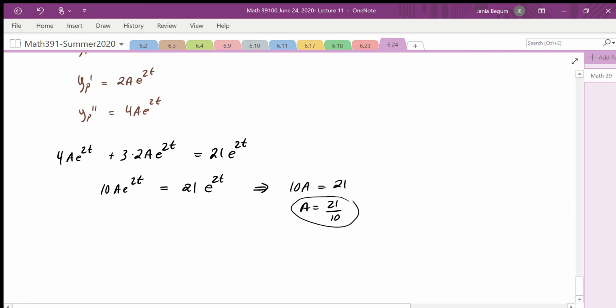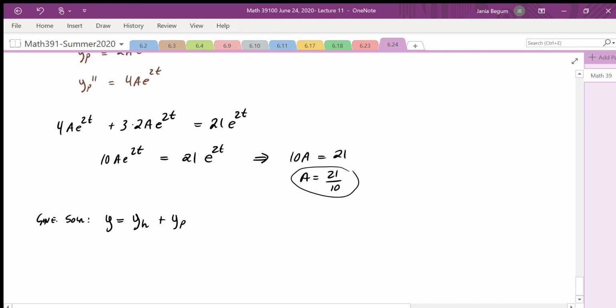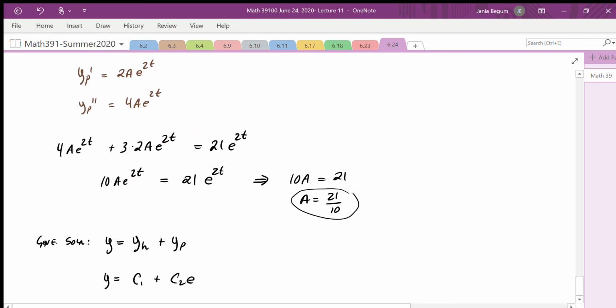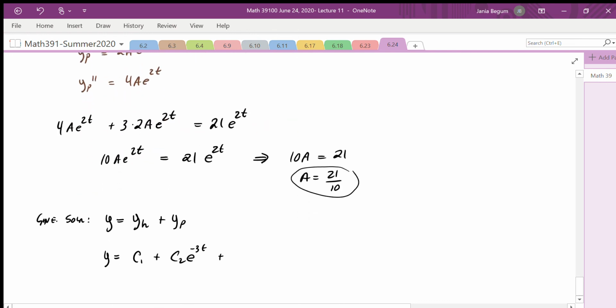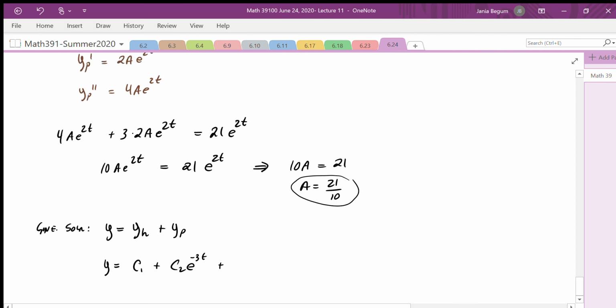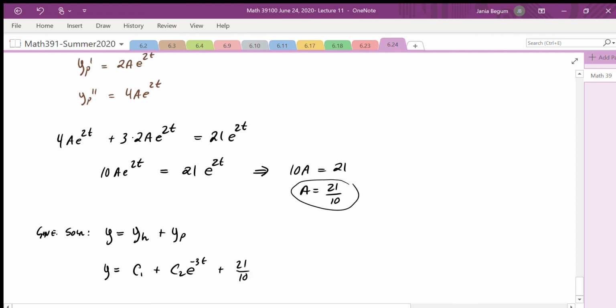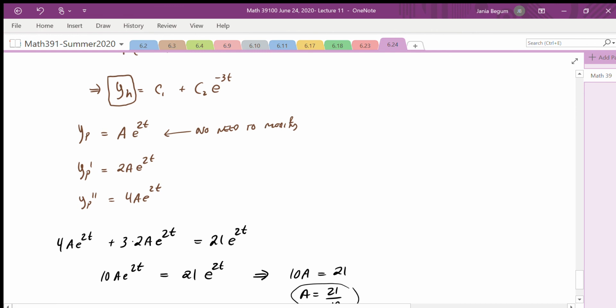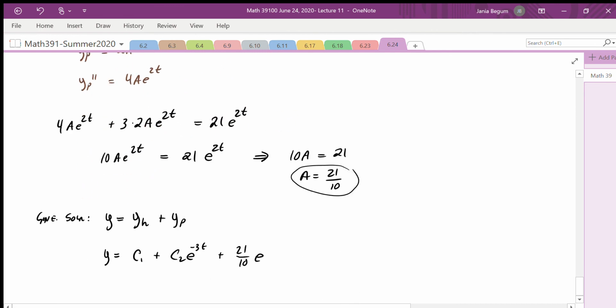So our general solution is going to be y equals yh plus yp. So yh was c1 plus c2 e to the negative 3t, plus yp, which happens to be 21 over 10 e to the 2t.